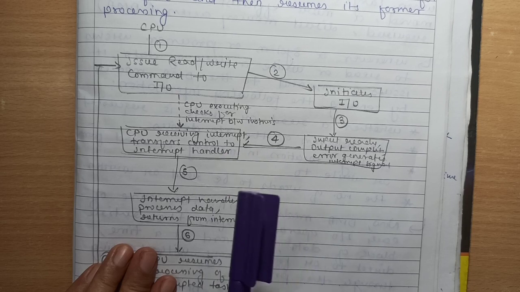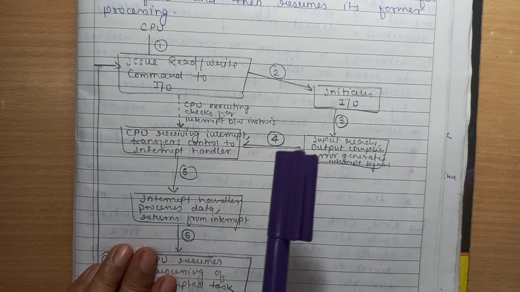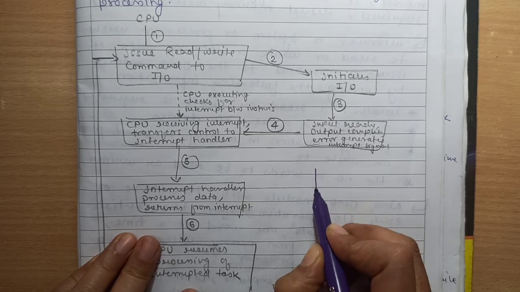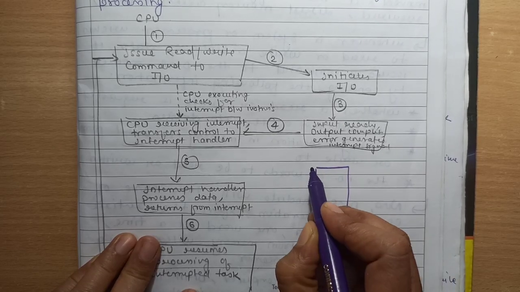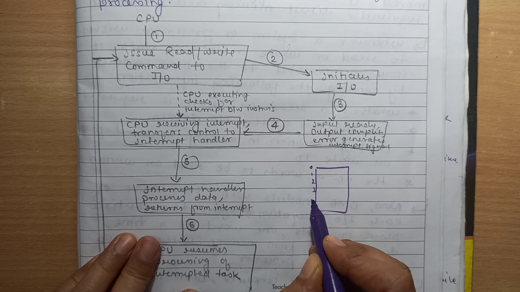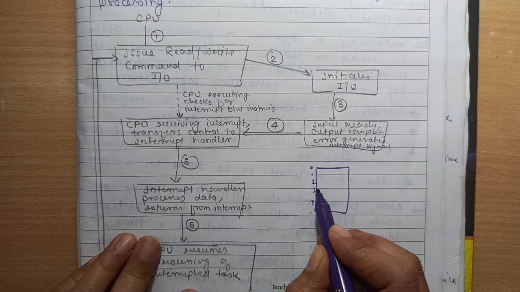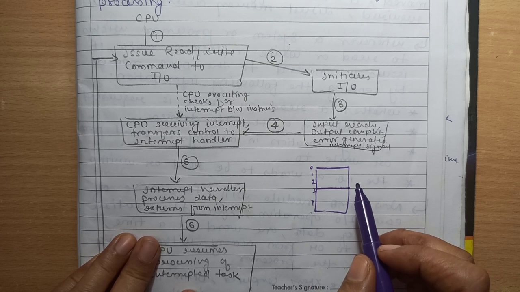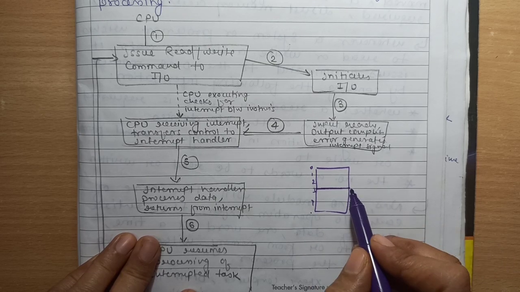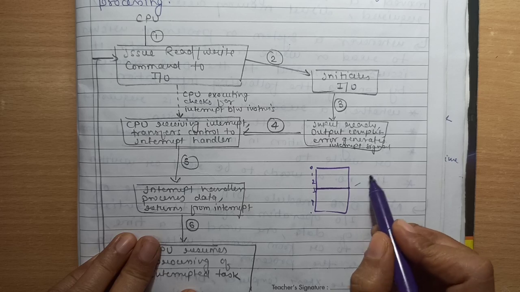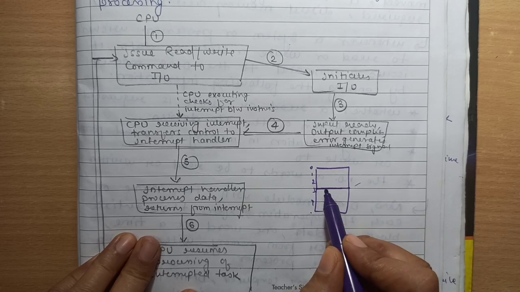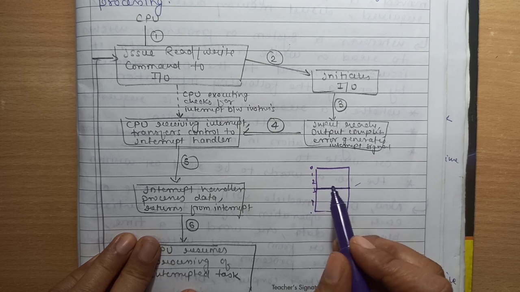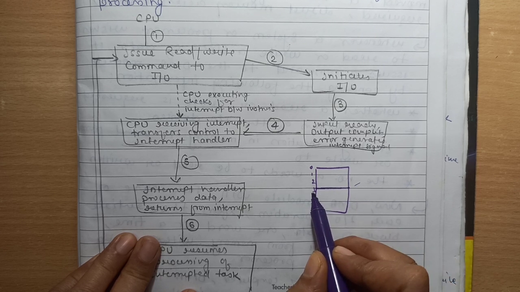The CPU will receive the interrupt and transfer the control to the interrupt handler. What is that? See, if we have a program like this, we have multiple instructions. Suppose at instruction number 3 we got an IO operation. So the IO will be initiated, and then the processor starts executing another instruction, maybe the fourth instruction.